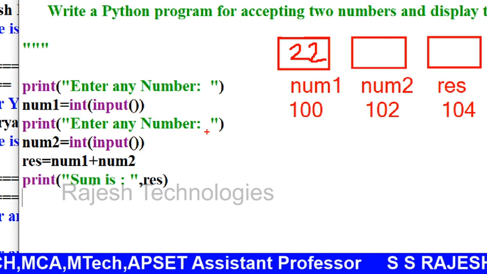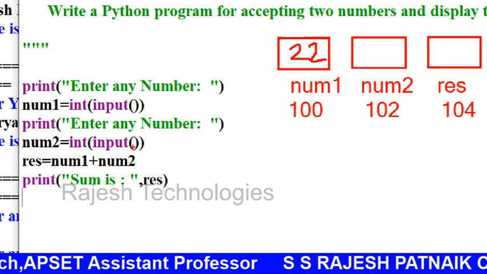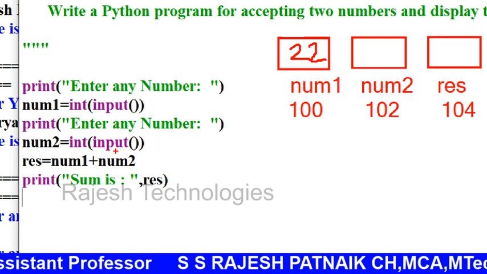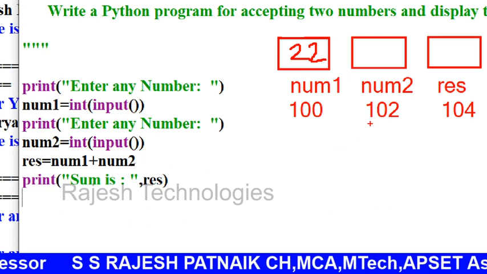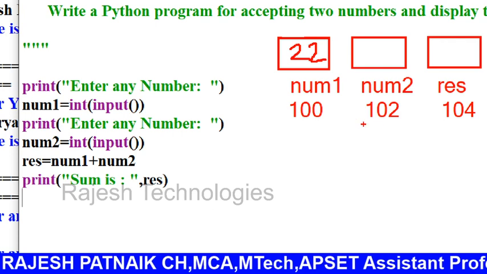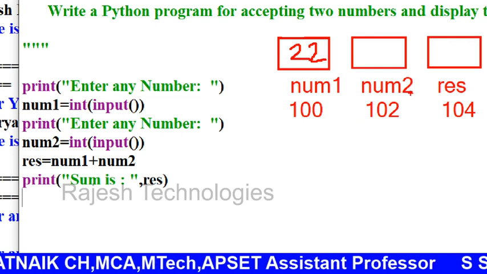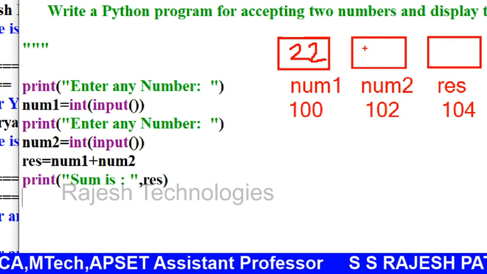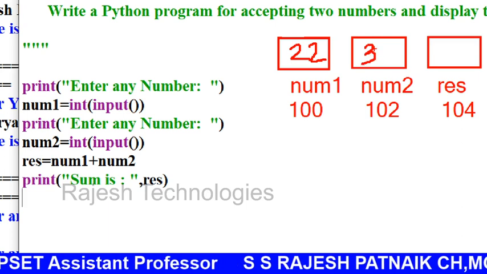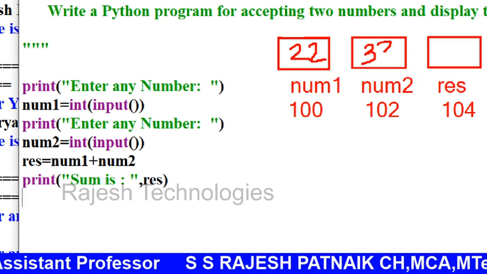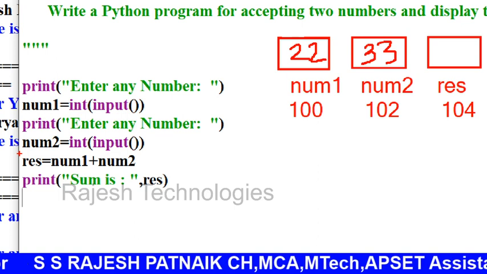And next, enter any number. Num2, same, int of input. That means whatever value we are entering, it will search for the second address. Num2 is the location name. It will be stored under that. For example, if I entered 33 the second time, it will be stored. Now, what is the result?